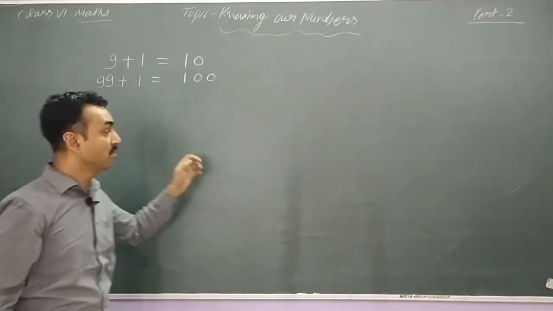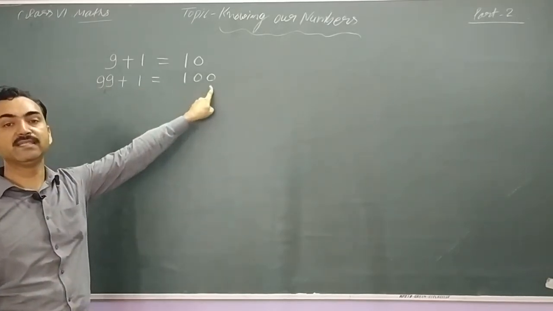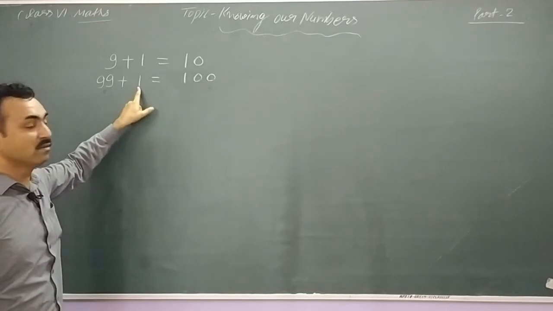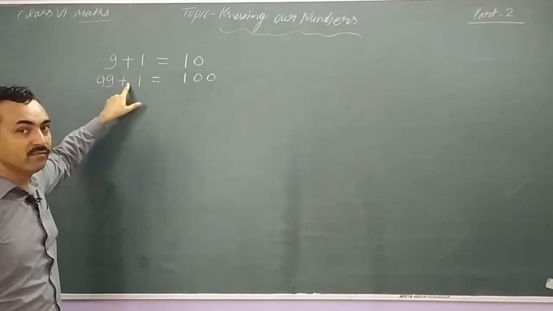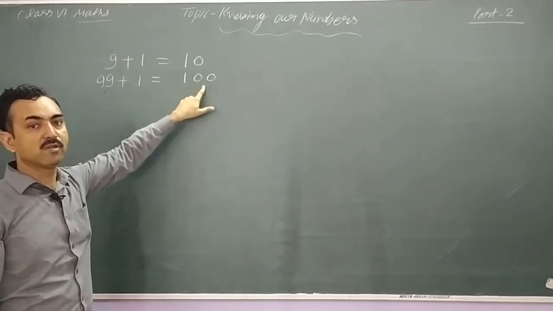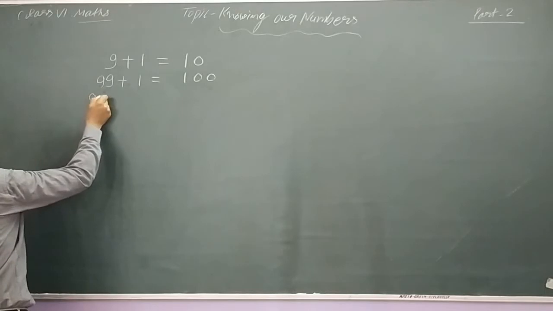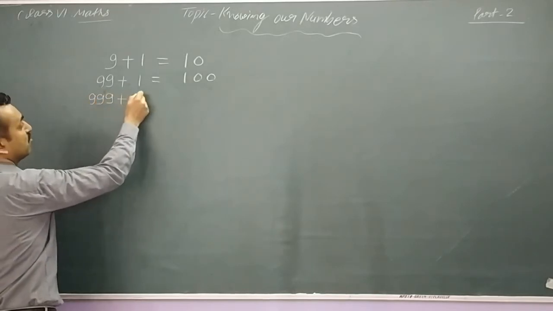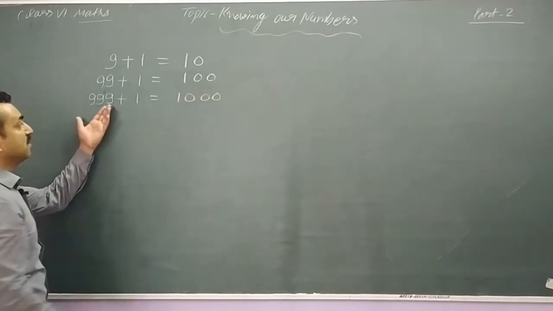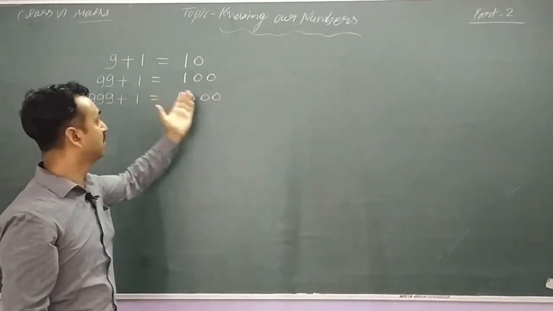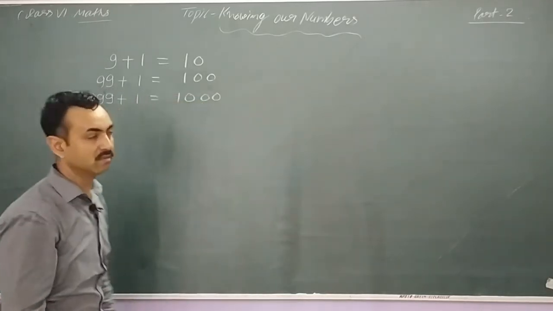So you can see, by using the greatest 2 digit number and just adding 1, you get the smallest 3 digit number. Suppose this is 999, and when you add 1, it becomes 1000. So this is the greatest 3 digit number, you add 1, you get the smallest 4 digit number.